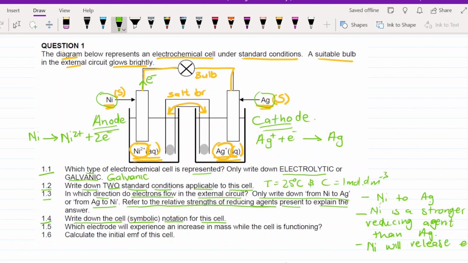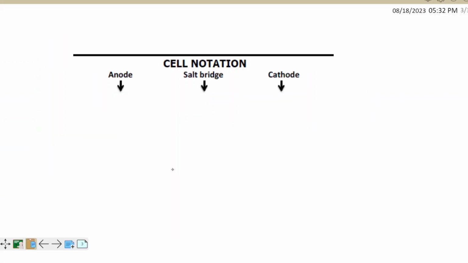So you can see inside the solution is Ni 2+ ions, and then the electrode is Ni in solid form. This one is in aqueous form, that one is in solid form. So how do we write that? So we said, okay, on the anode, we have the nickel, and the nickel is the electrode in the solid form.